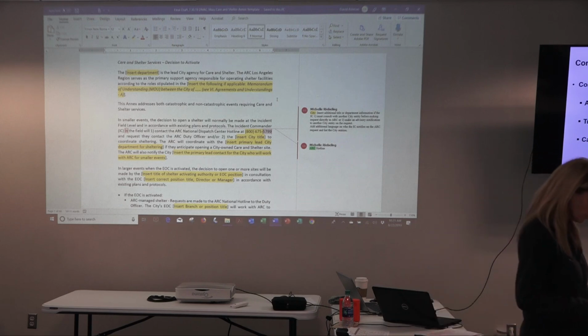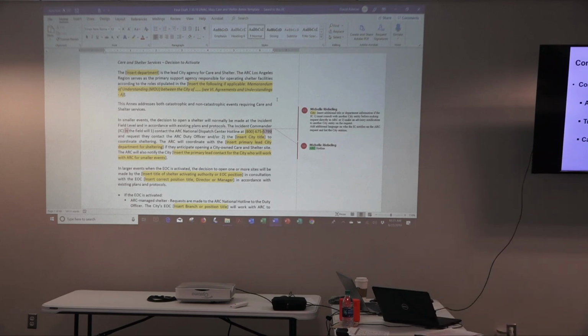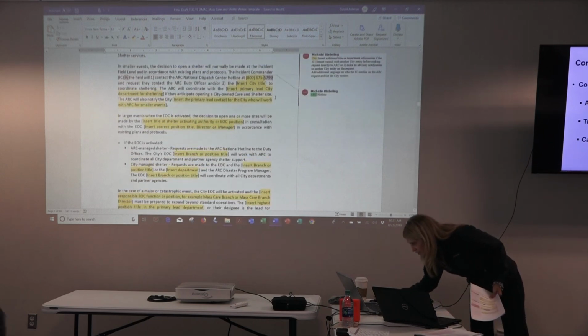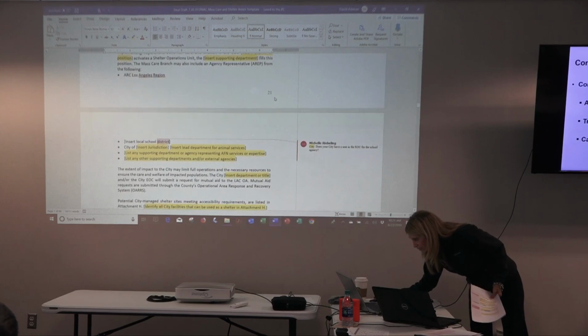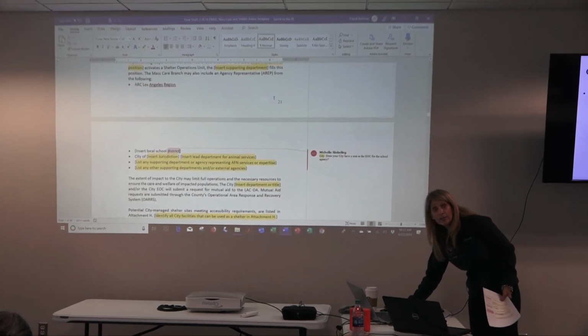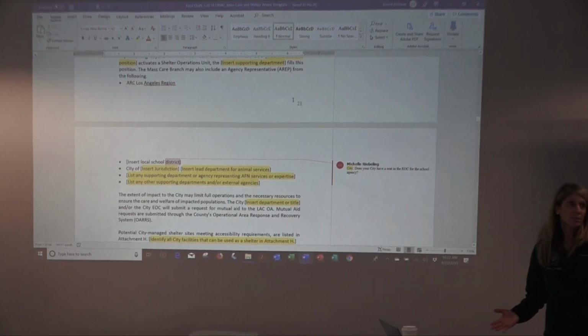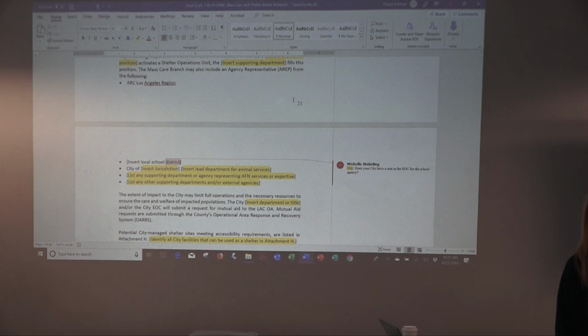And down at the very, very bottom there, I just give you some organizations that definitely might sit in your EOC. This isn't required. So you might want to have a spot for American Red Cross to send a representative. A lot of times they'll provide you a representative if they have the staffing resources.